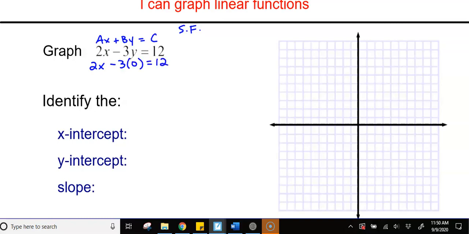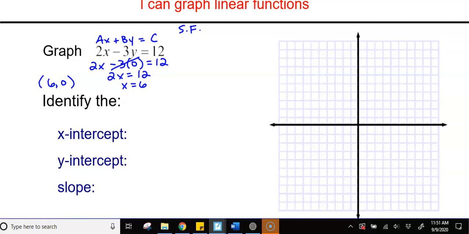We're just setting our y to 0. Negative 3 times 0 is obviously 0, so that's gone. So 2x equals 12. X is equal to 6. So our x-intercept happens at 6, 0. X value 6, y value 0.